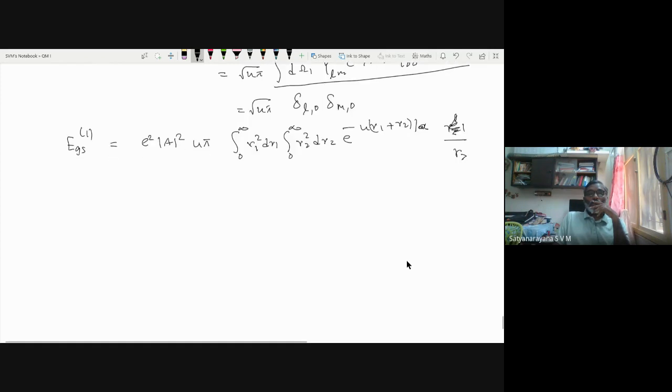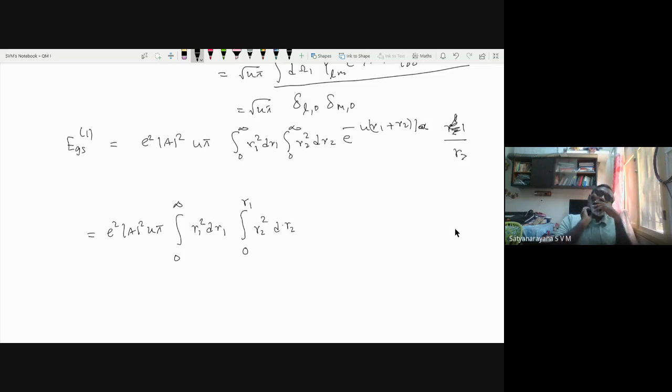Now we don't know which one is larger. So what I'm going to do, I'm going to write this as e square mod A square into 4 pi, integral 0 to infinity R1 square dR1 into this R2, I'm going to write it as 0 to R1, R2 square dR2.